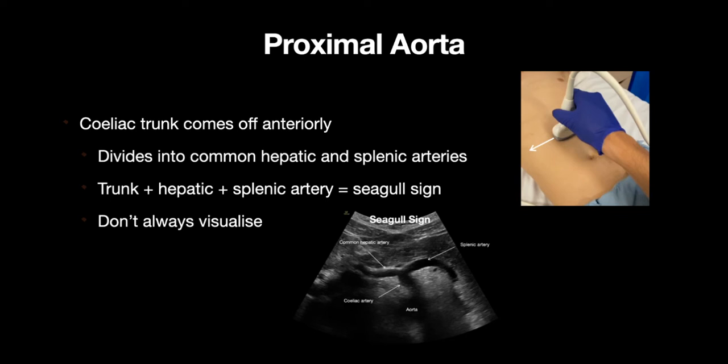Well, if you see this sign, then you know you're very proximal, because it's the most proximal part of the abdominal aorta. If you're not able to see it though, it is a little bit more tricky. However, if you've got the probe lodged right up under the xiphisternum, high up in the abdomen, and you're able to see the aorta underneath, but you can't see the Siegel sign, you can't see the celiac axis come off, then you still know that you're the most proximal that you can possibly be, and that you're not going to miss any aneurysm in this segment here.